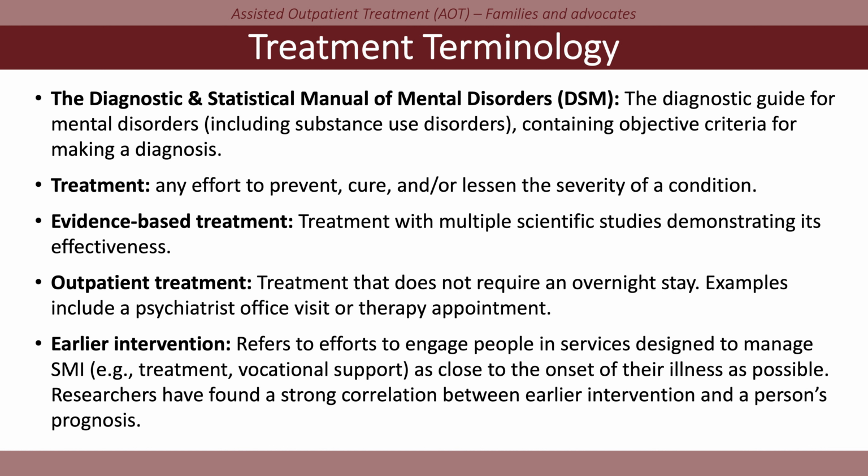And that's because researchers have found a strong correlation between earlier intervention and a person's prognosis. The earlier the intervention, the better their prognosis is, the more likely they are to be able to live a life where their symptoms are managed and they're free to pursue the goals that we all have for our lives: being happy, finding meaningful work, having ongoing relationships. Although those can be possible.